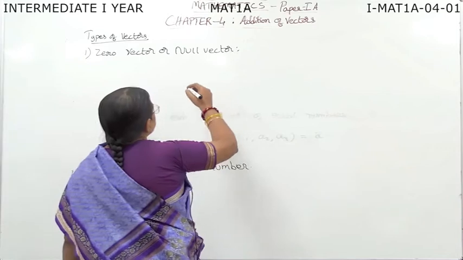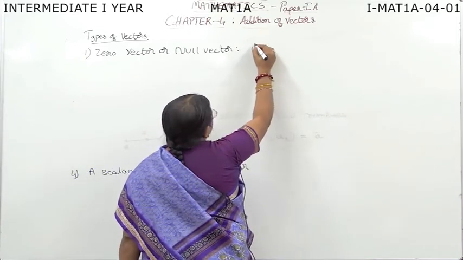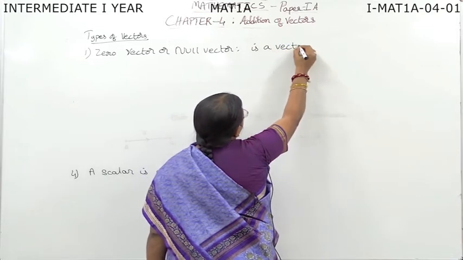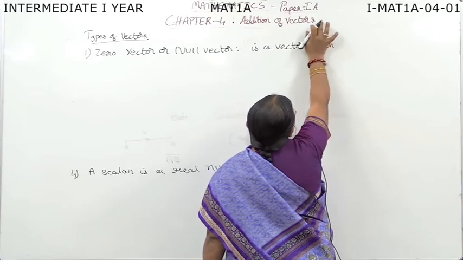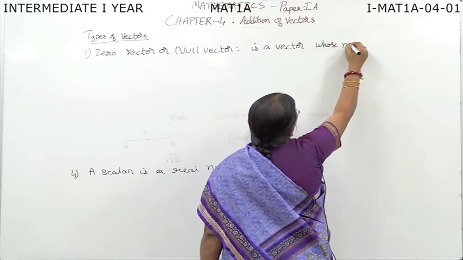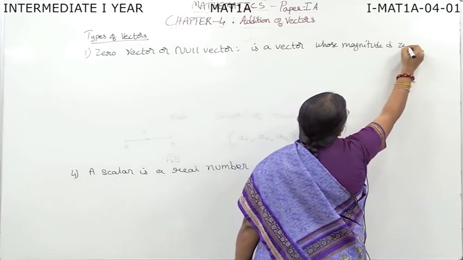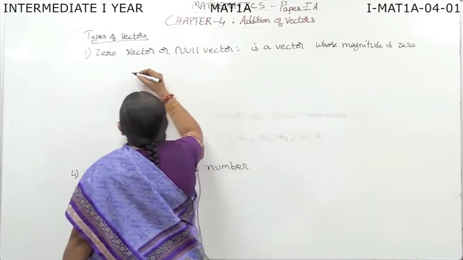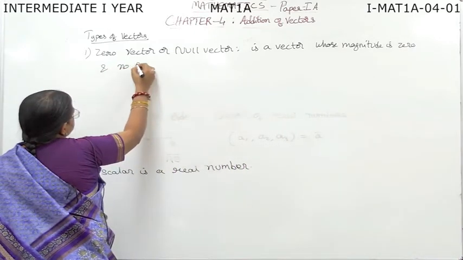Okay, so zero vector or null vector is a vector whose magnitude is 0 and no specific direction.